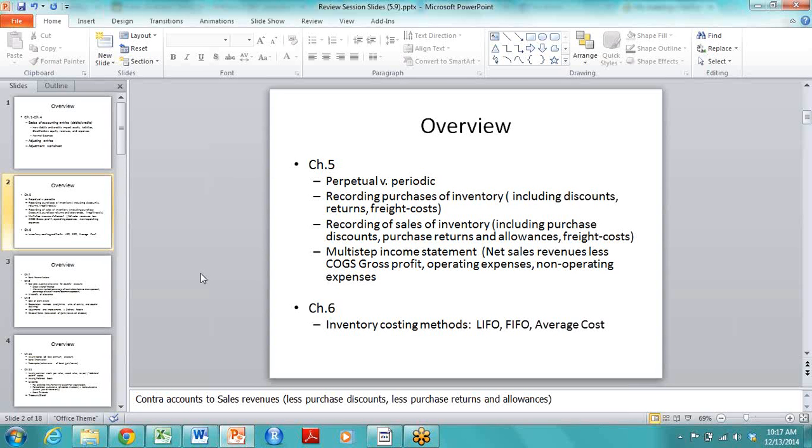Those journal entries focus on recording purchases of inventory, including any discounts, returns, freight costs, and how to treat them if you're the buyer or the seller. Also recording sales of inventory if you're the seller, again including discounts, returns, freight costs. So those are pretty important, and using that summary would be a really good idea to focus on.